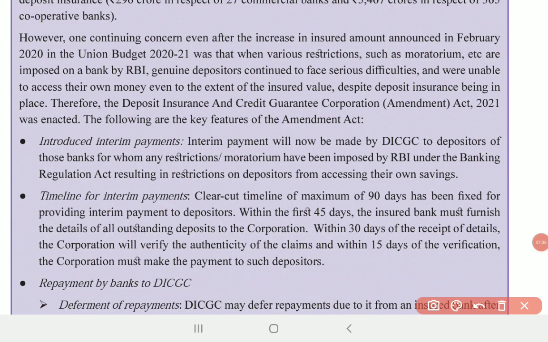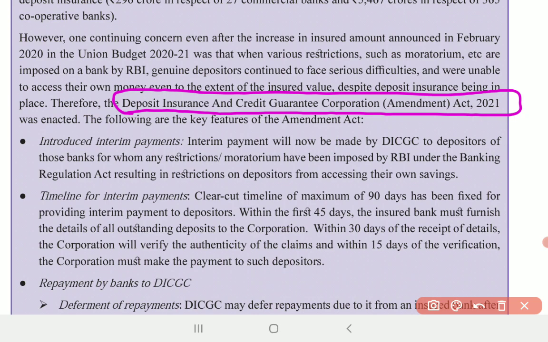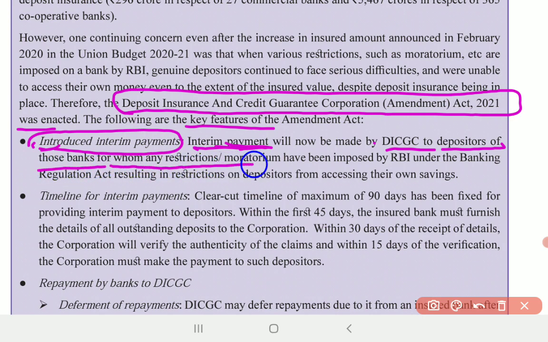So now the Deposit Insurance and Credit Guarantee Corporation Amendment Act 2021 was enacted. The key feature of this amendment is the introduction of interim payments. It means that if RBI announces moratoriums or restrictions on withdrawals, the DICGC will make interim payments for banks on which such restrictions have been imposed, which prevent depositors from accessing their own savings.